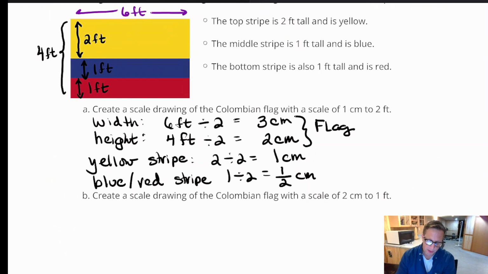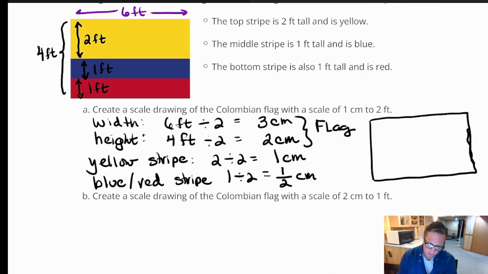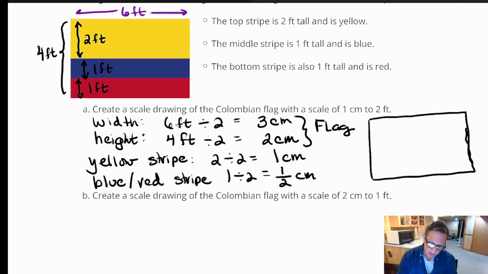All right, I'm not going to really do this a lot of justice, your drawing could be a lot more accurate, but I just want to make a drawing here.